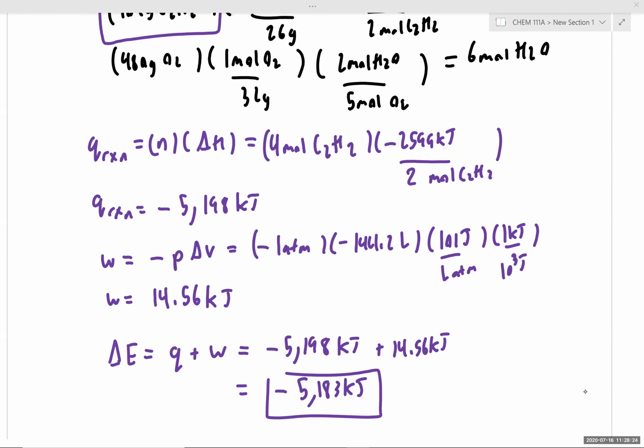Any questions in the chat? Let me just see. So it's not a coincidence. You can convert the moles of acetylene into the moles of another reactant or product.